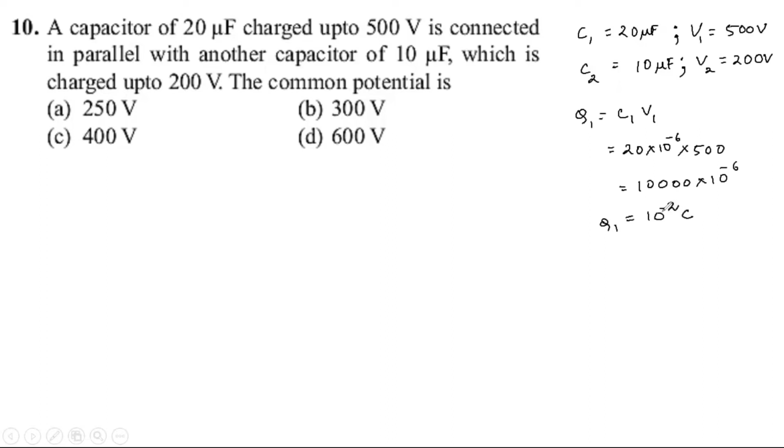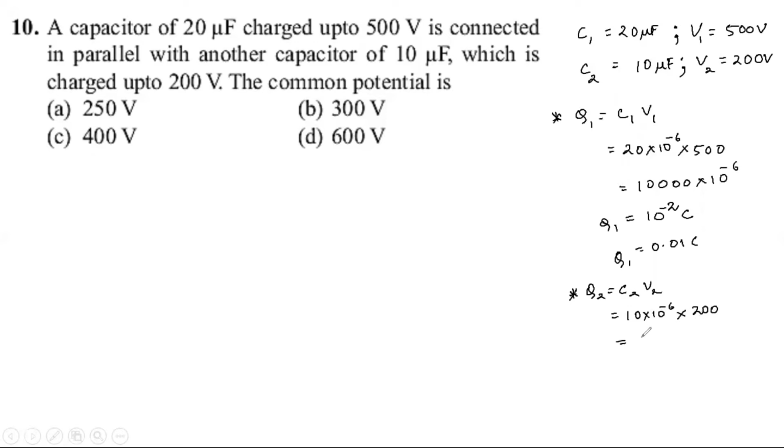This is the amount of charge, that means 0.01 coulomb is Q1. Similarly, we are going to find our Q2 value. Q2 is C2 V2. Now C2 is how much? 10 microfarad. So 10 into 10 to the power minus 6 multiplied by the potential 200 volt.